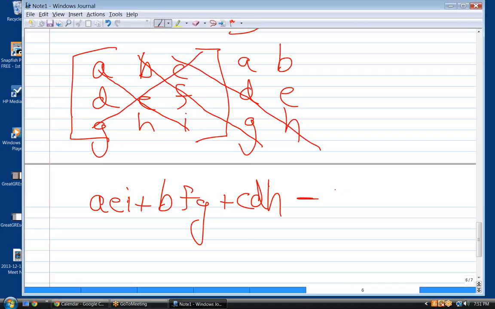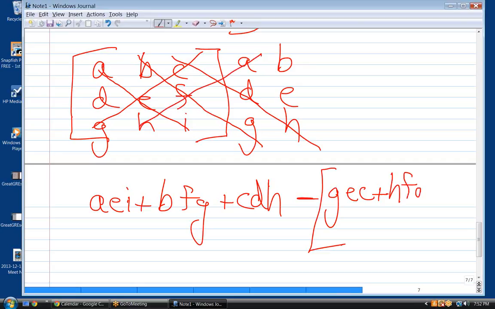In other words, it's a similar pattern, only it's a little different. We subtract out the sum of those: H, F, A plus I, D, B.